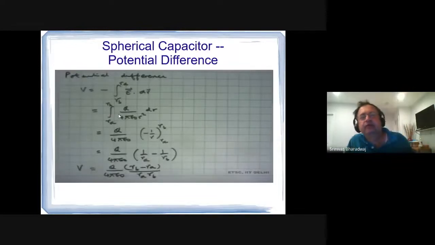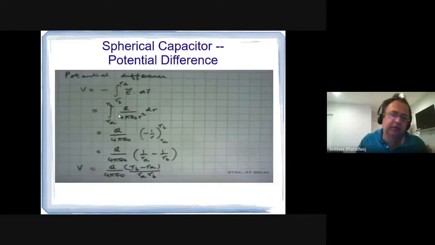Then when you do the integration, you will end up with Q by 4 pi epsilon naught times 1 by R. Then you can get the corresponding V, and everything that remains in the relationship with V is some constant. Q times some constant, Q is equal to CV.